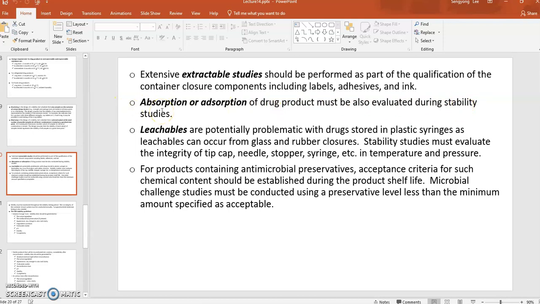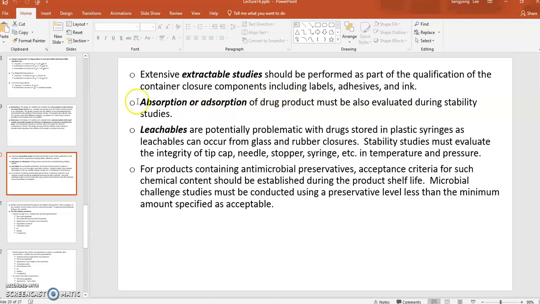Again, what's the difference? Absorption versus adsorption. It's hard to pronounce. So the difference is what? Adsorption is if your drug is sticking to the surface of whatever it is making contact with, maybe the primary container, vial, or syringe. We consider it as adsorption.